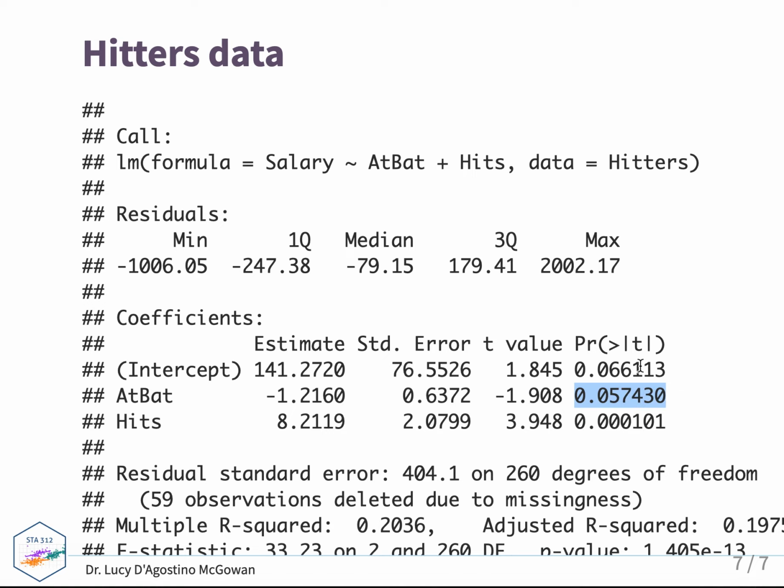If we were using the common alpha cutoff of 0.05, we would fail to reject this null hypothesis because this is slightly larger than that alpha value. So we would fail to reject the null hypothesis that beta 1 is equal to 0.